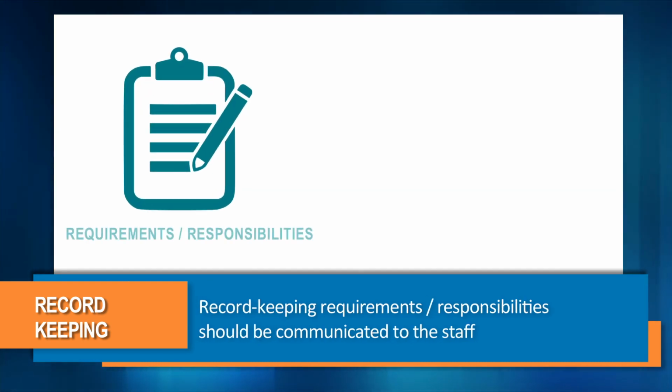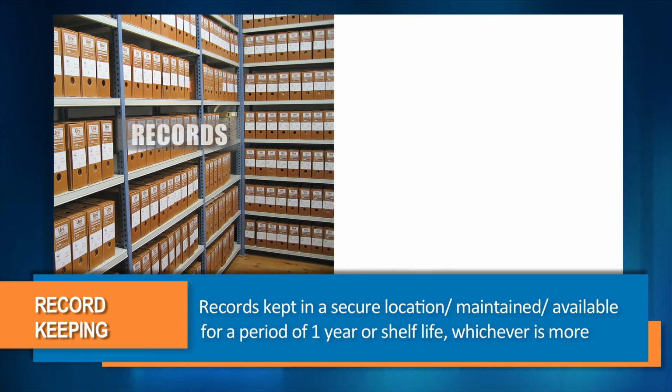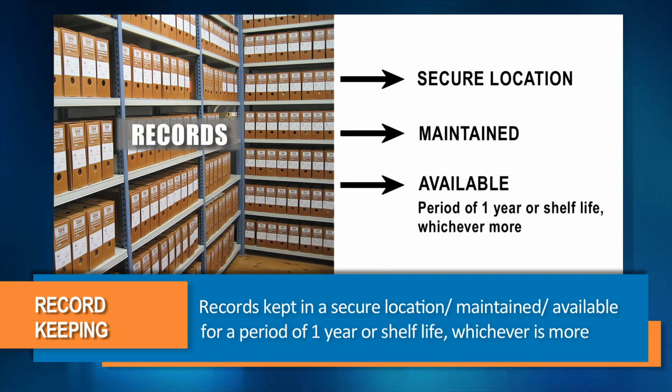Record keeping requirements and responsibilities should be communicated to the staff. Records should be kept in a secure location, maintained and readily available for a period of 1 year or shelf life, whichever is more.